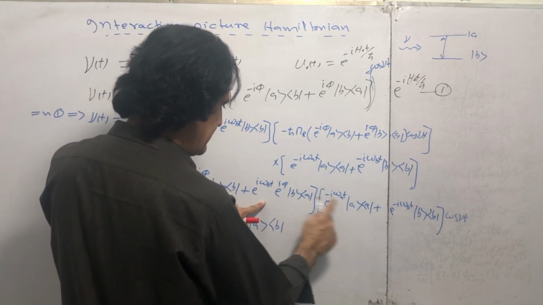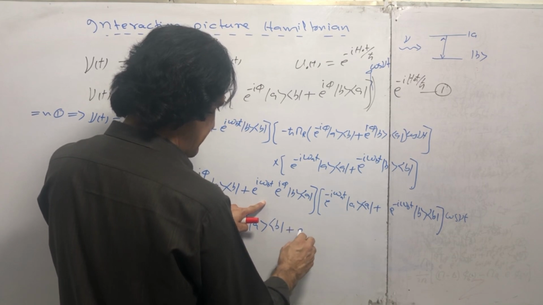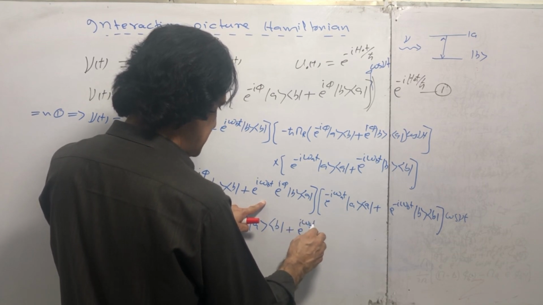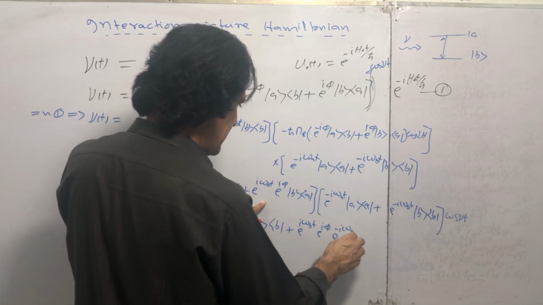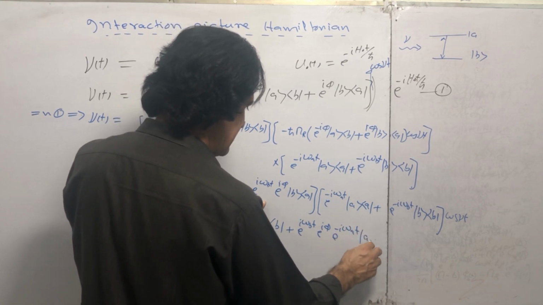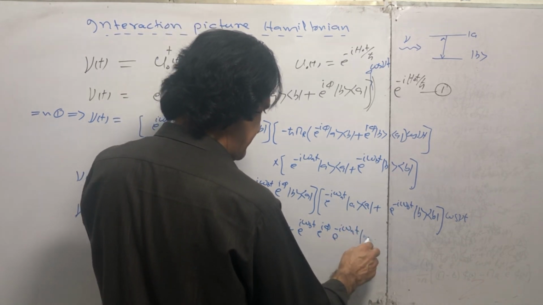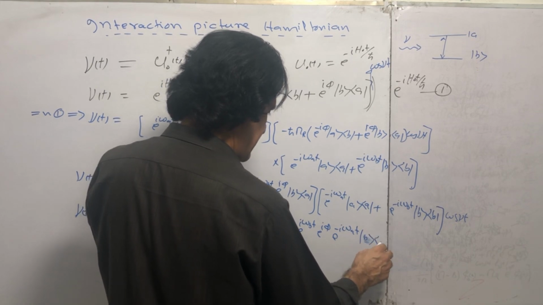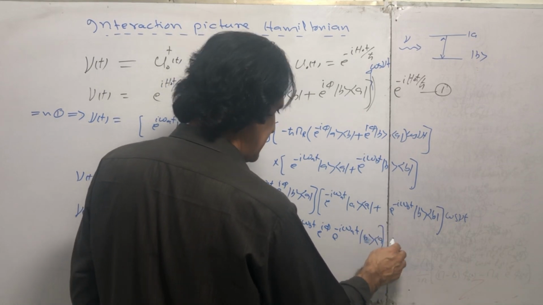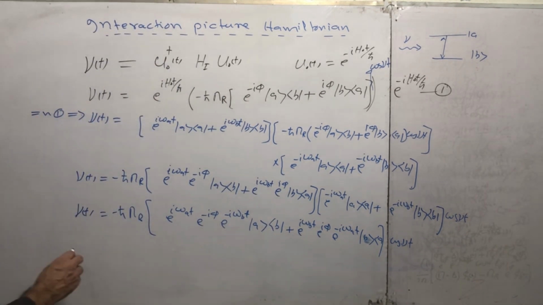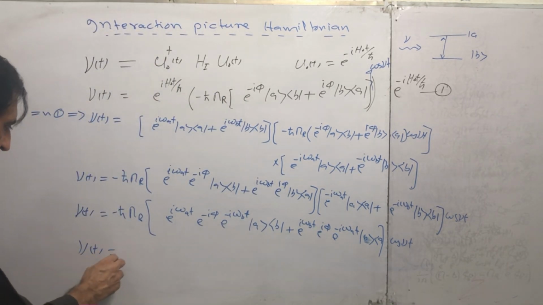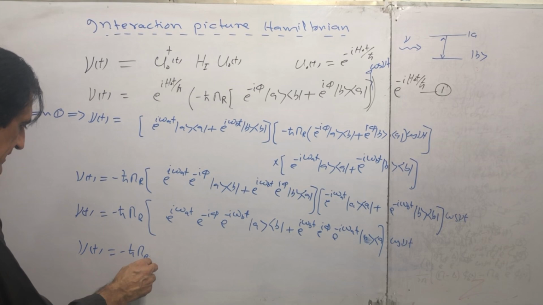Then a1. Then we have e to the power iota omega bt, e to the power iota phi, e to the power minus iota omega at and ba. And cosine of nu t, which is equal to minus h cut omega r.